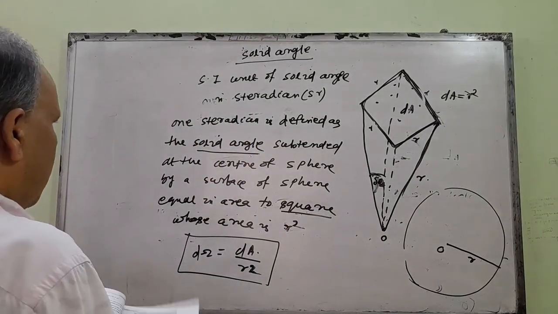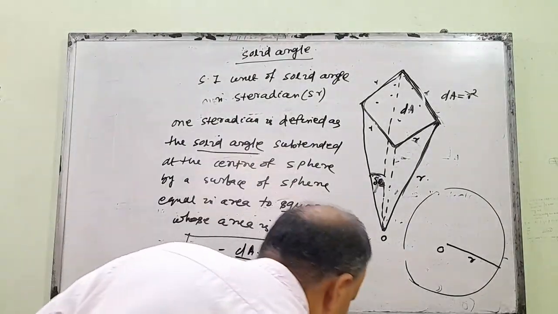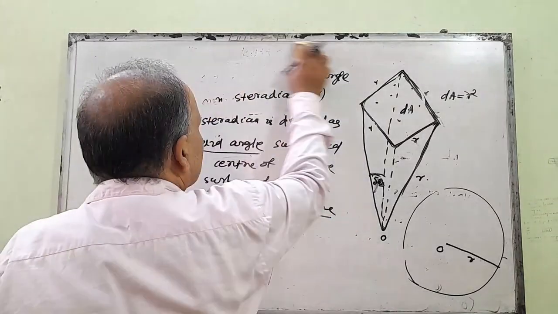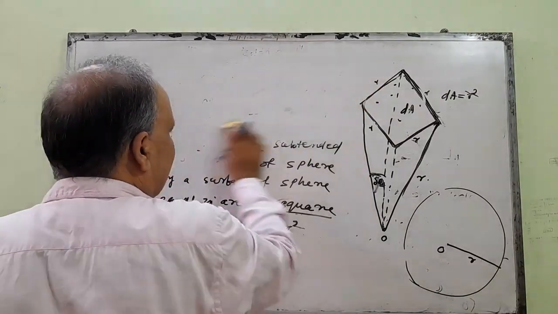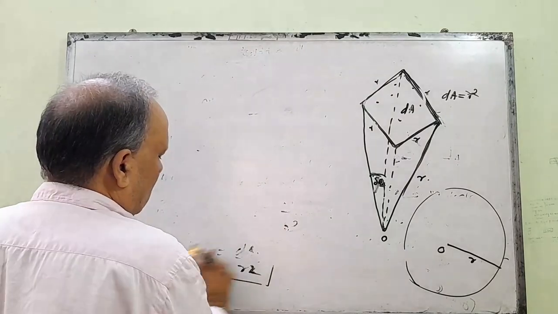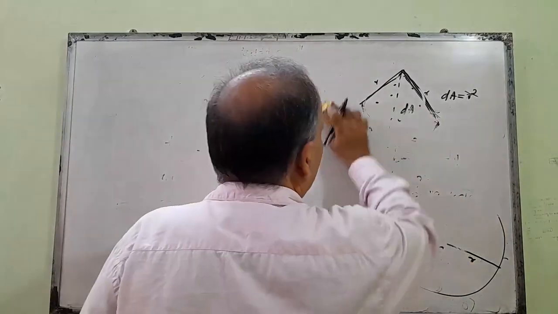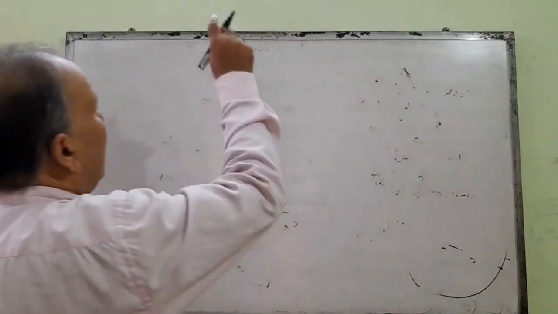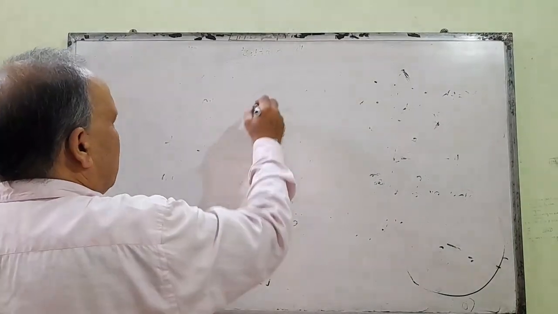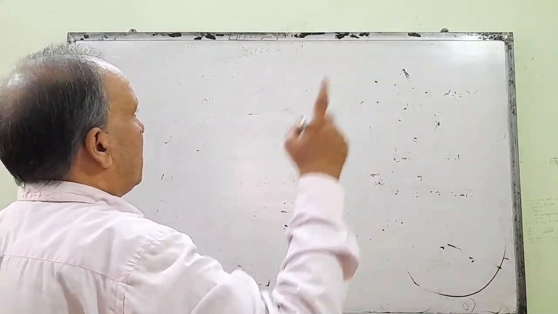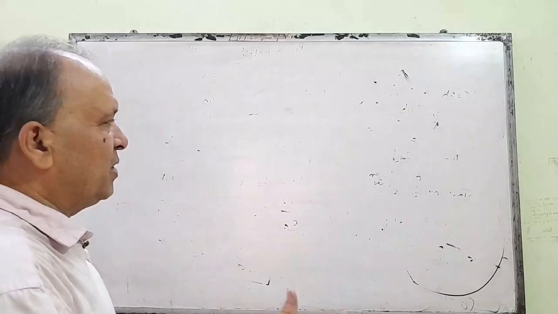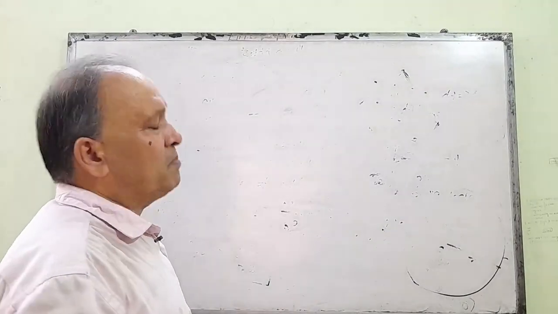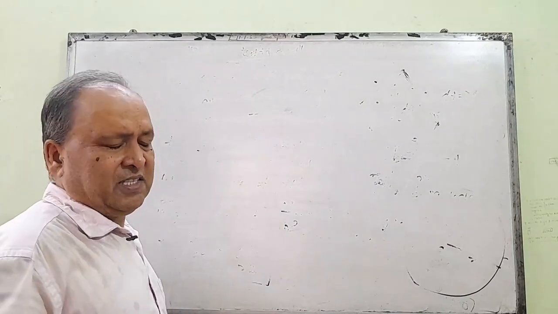Next come to your last, that is luminous intensity. What is luminous intensity? You see, suppose this is a bulb. Suppose you take a 60 power bulb and a 100 power bulb. The luminous intensity of the 100 power bulb must be greater than that of the 60 power.